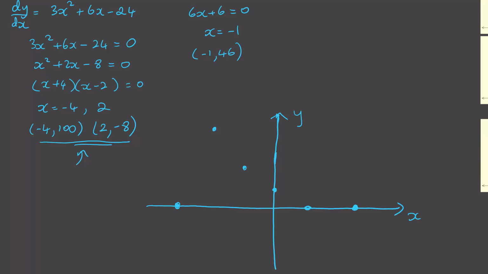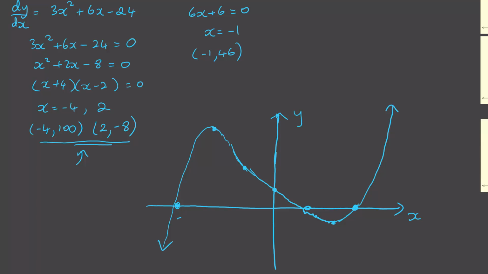And we also know that 2, negative 8 is a turning point. Now we could investigate further the nature of these turning points, but I think it's fairly clear from what we've got that this one up here must be a maximum. Then it's going to come down and start to shallow out, going in towards this other turning point here. And then it's going to go up like that.